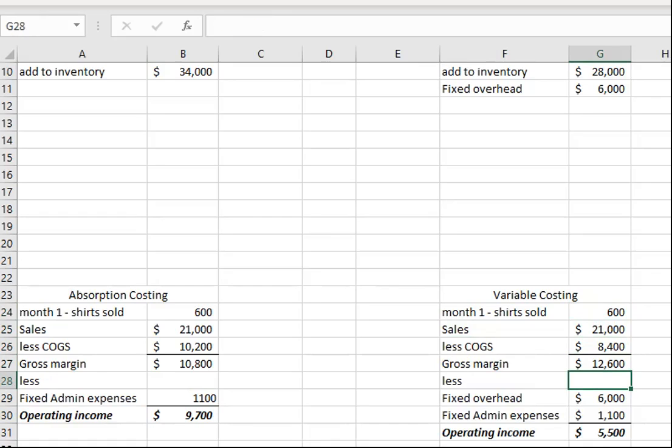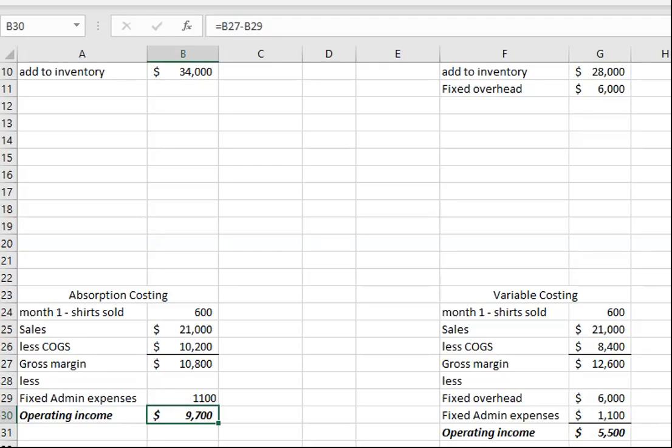Thus, in this case, we have the total fixed overhead that we incurred that month of $6,000 and our fixed admin expenses of $1,100. So we have an operating income of only $5,500 using the variable costing method, as compared to the absorption costing method of $9,700. So you can see there's quite a bit of difference.